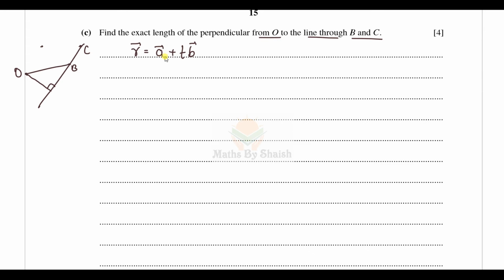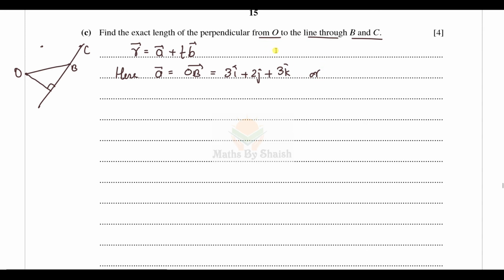So here a can be taken as OB vector, that is given: 3i cap plus 2j cap plus 3k cap. We could have taken C as well, but I have started with B, so I'll take B only.